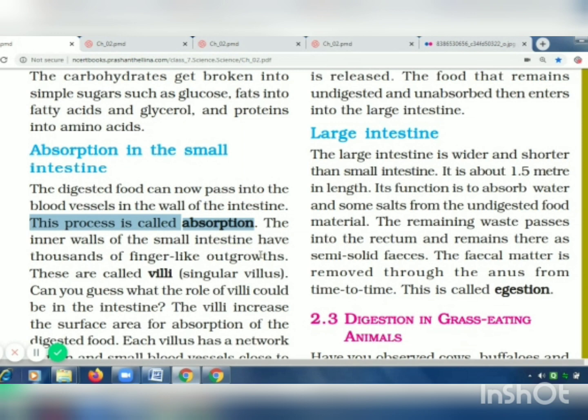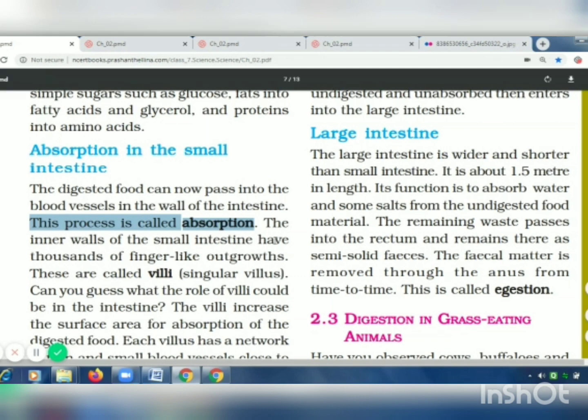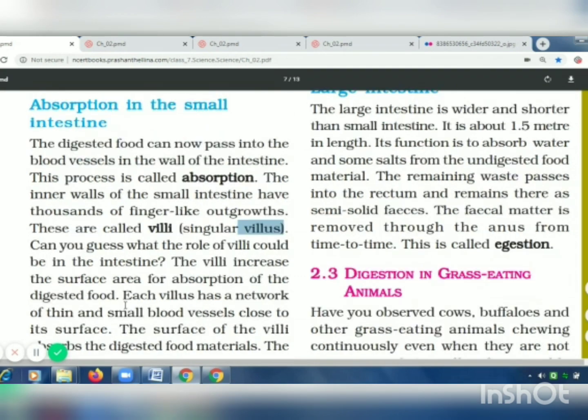They are called villi, and a single such finger-like structure is called a villus. When there are many finger-like structures, we call them villi, and when there is only one finger-like outgrowth, we call it a villus.